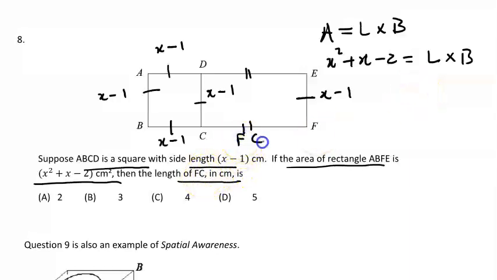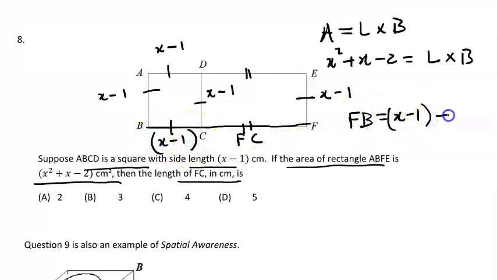So there's FC there, and this whole side will be FB. But what is FB equal to? FB will equal x minus 1 plus FC, which we need to find. And we know that the breadth of this rectangle, AB, is x minus 1.